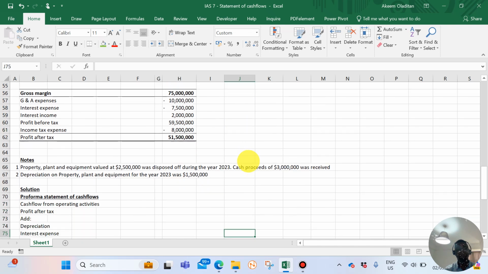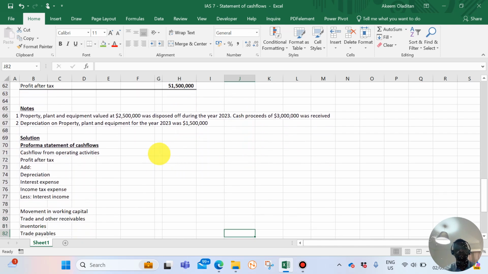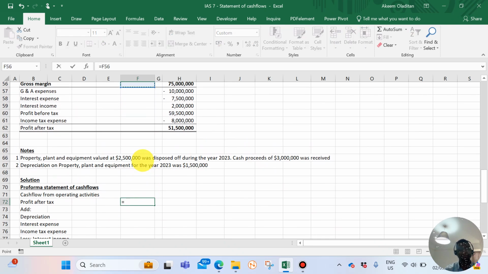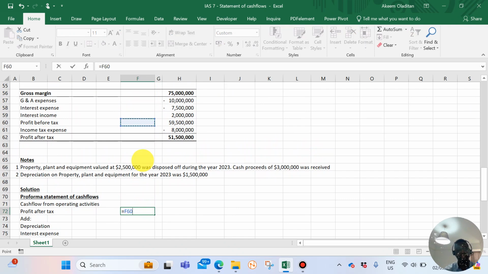So the next thing I'll do, I'll now come here. What is the profit after tax equal to? So based on the statement of profit or loss, I have my profit after tax as 51. Let me just format this. This is in dollars.